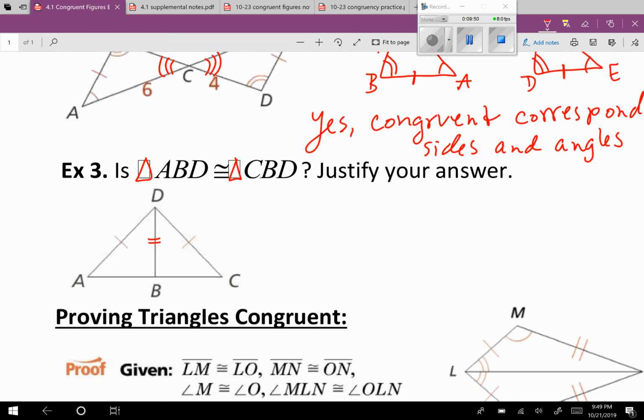So are these 2 things congruent? No, we can't say. Not enough information. Okay, so you can't say that they're congruent because you don't know about those angles.